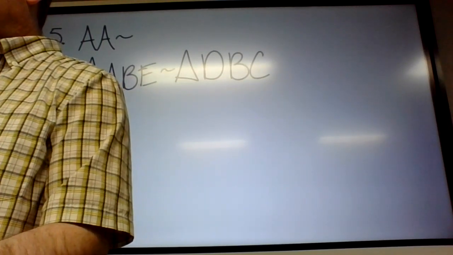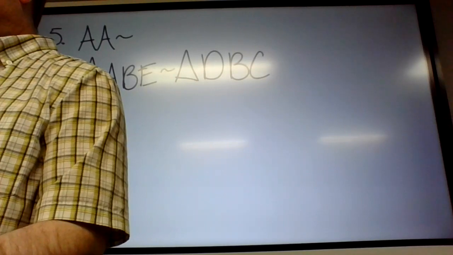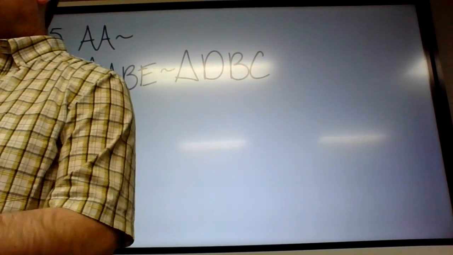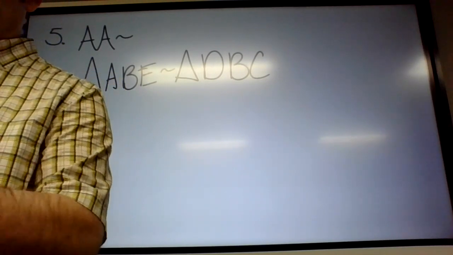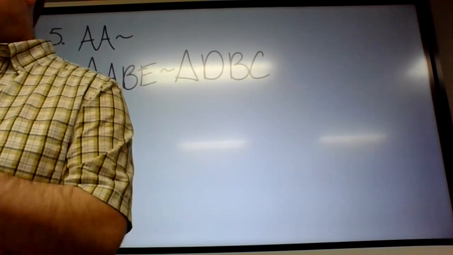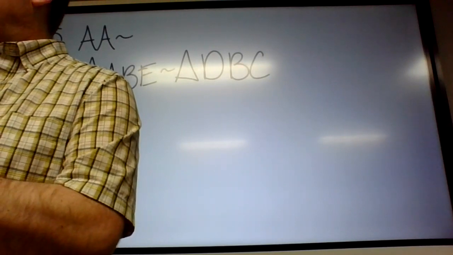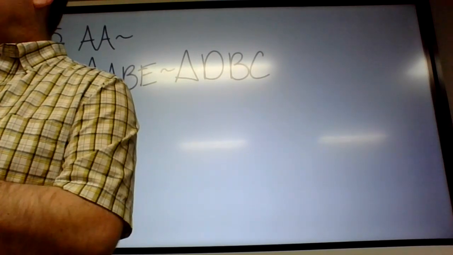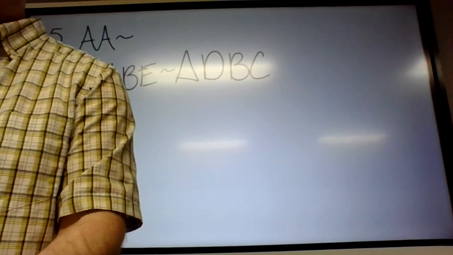Does 6 over 8 equal 9 over 12? That's how you check that one. I'll let you figure it out. There is one of those problems where they're not similar, one of the evens.